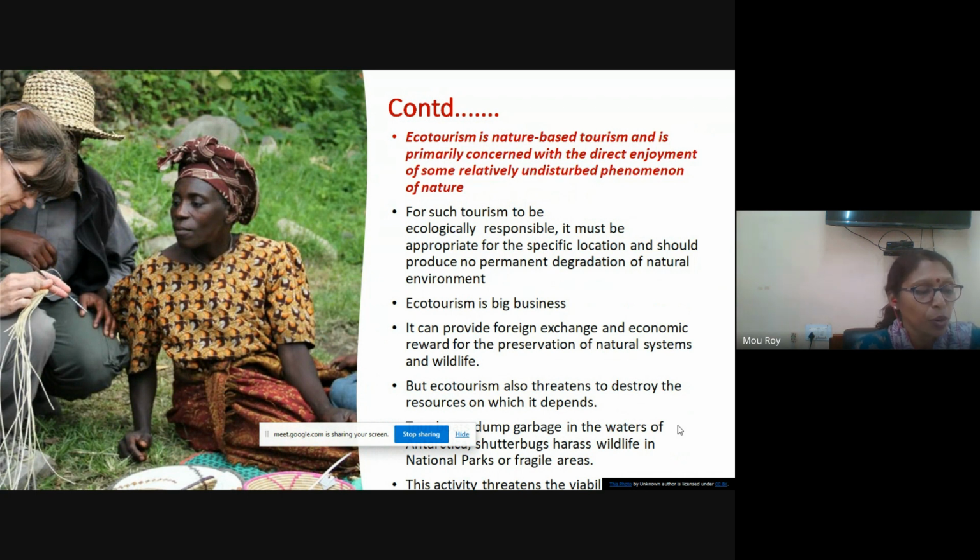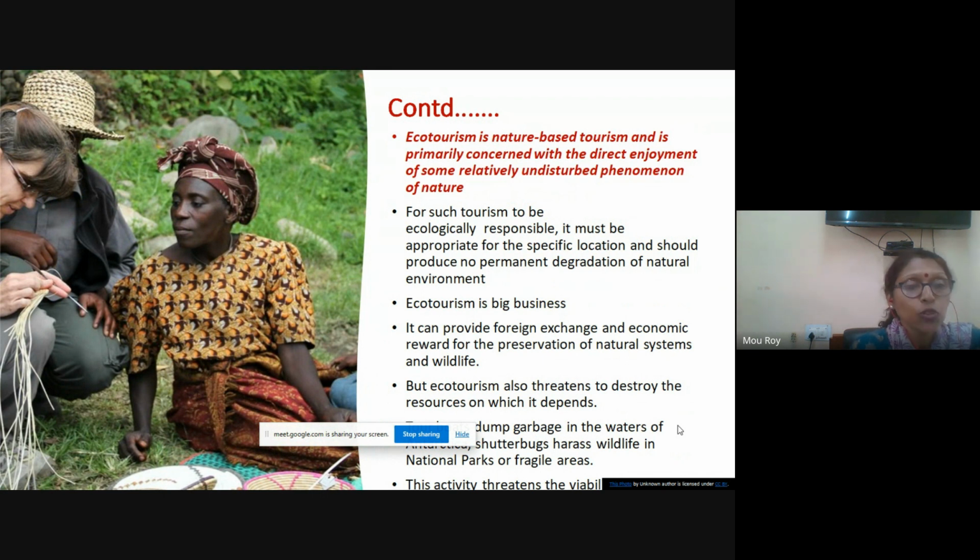That is very important, and also conserve the natural resources as well as reinvest a sufficient amount of revenues in protecting the natural habitat.